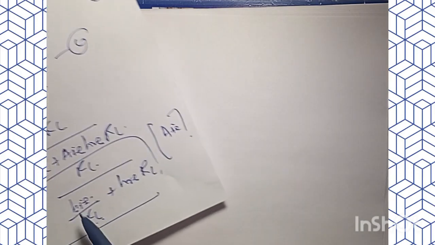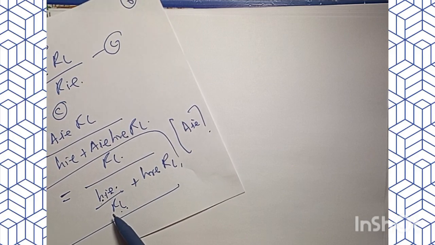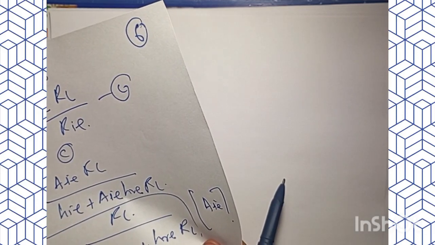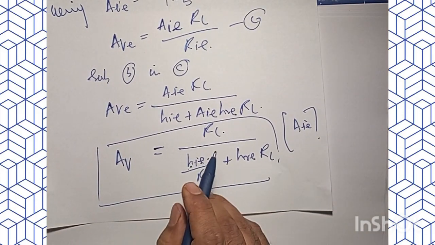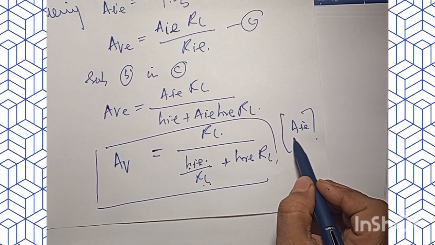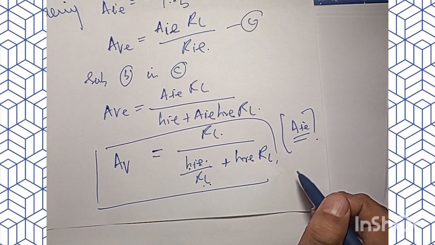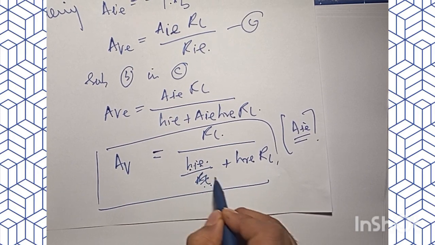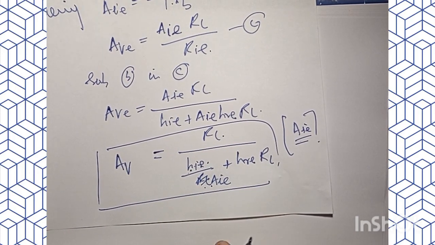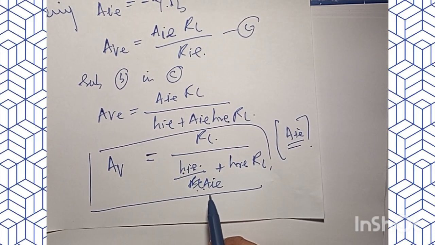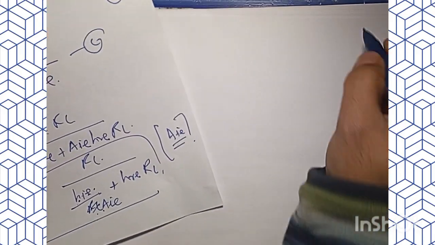Yeah, what's wrong? Here I have committed a mistake. I'm dividing the numerator and denominator by AIE, so I want to get rid of AIE, and I was writing something wrong. So here it must be AIE. This was something that was confusing me. So here I have to use the expression of AIE that we have already calculated in some equations.